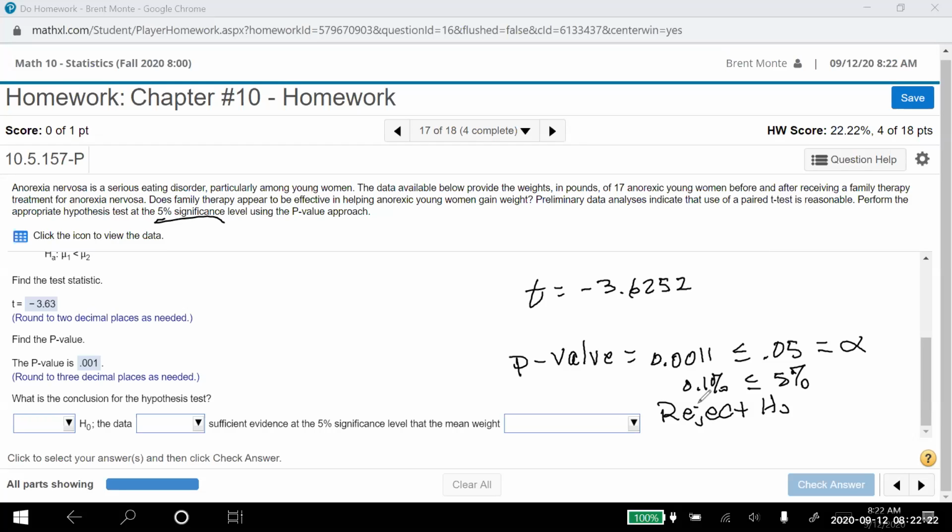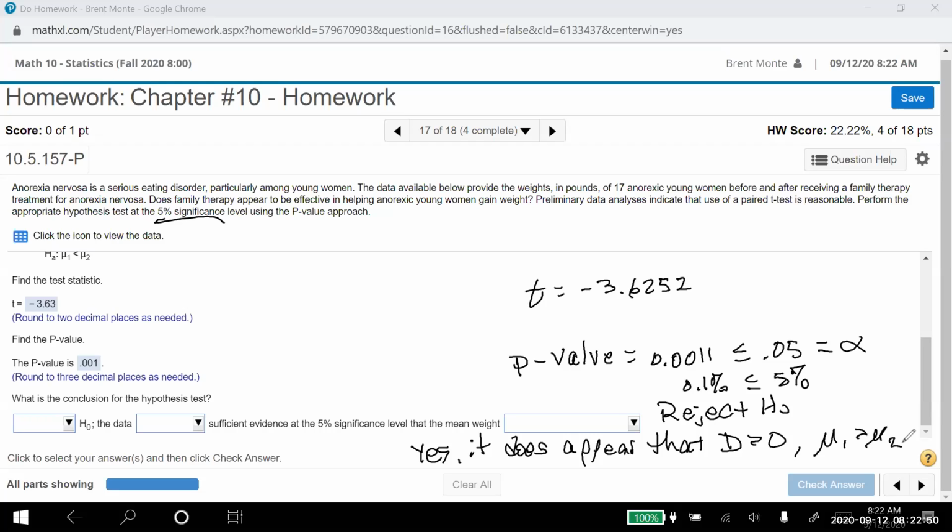So I say, well, that's so unlikely. I don't think the null hypothesis is true. So we reject the null hypothesis and go with the alternative and say, yes, the data does provide sufficient evidence that the difference is greater than 0, or the way our authors are saying it, mu1 is greater than mu2.